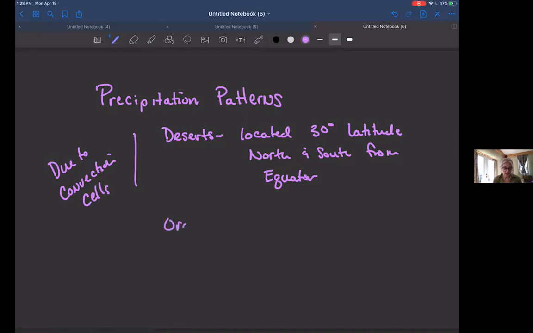So we have what are called orographic deserts. And you probably have heard of this referred to as the rain shadow. So the rain shadow on one side of a mountain range.